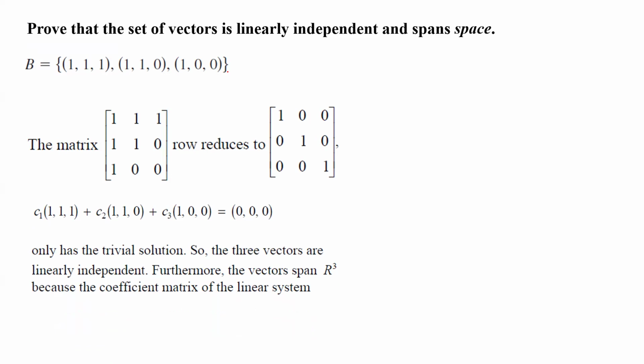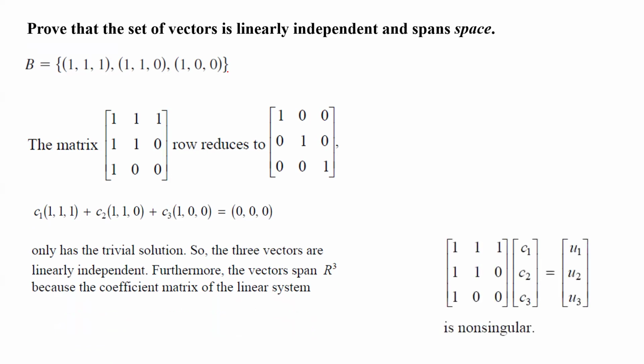The vectors also span the space because the coefficient matrix of the linear system is non-singular. So another piece of information for you. Since you're forming the matrix for the vectors, and this coefficient matrix here is non-singular, you can definitely conclude that these vectors basically span the space.